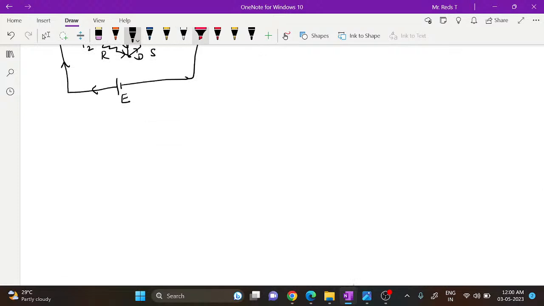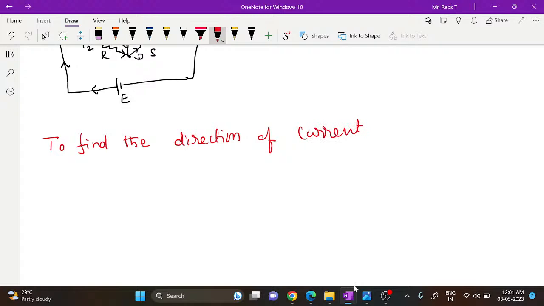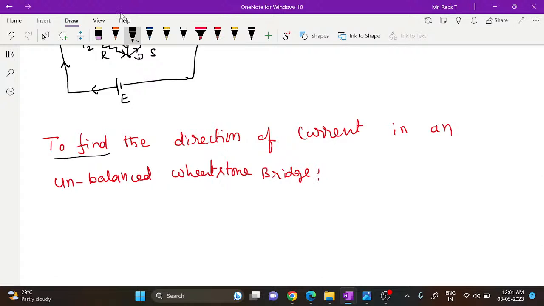Now note down the heading: to find the direction of current in an unbalanced Wheatstone bridge. Right, very good.